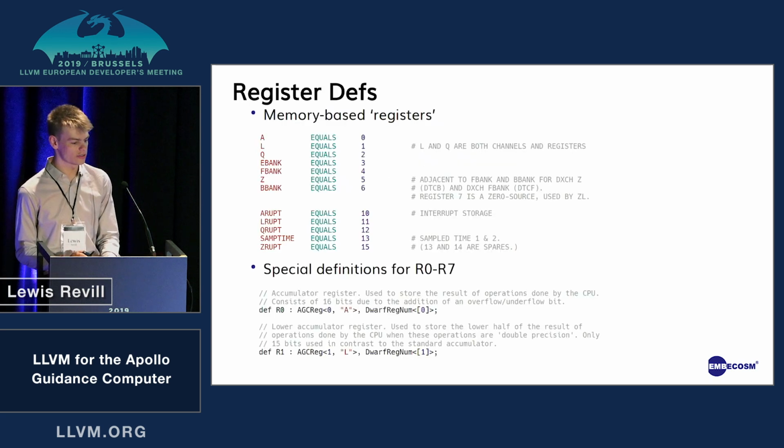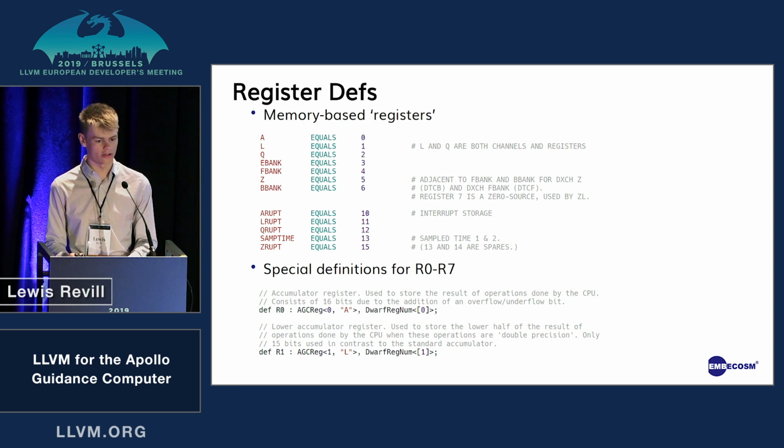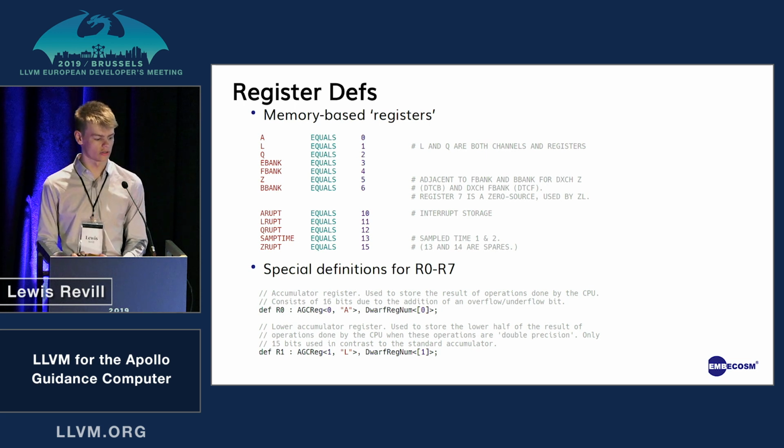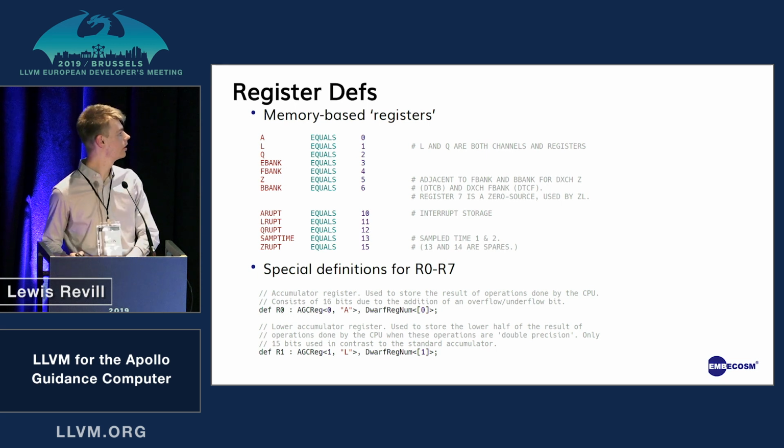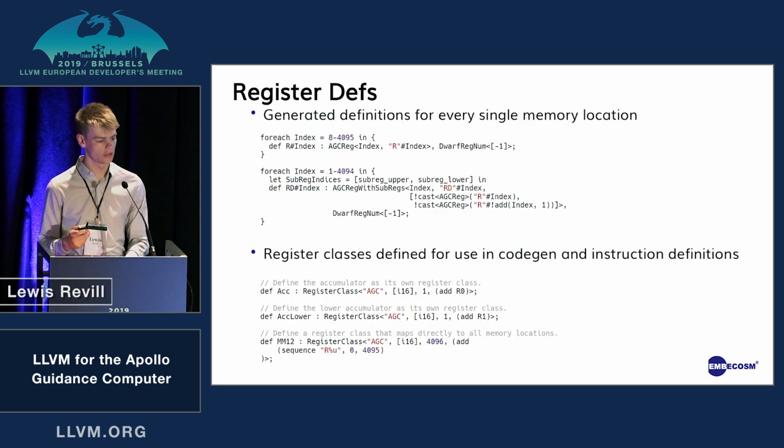So firstly, how do I solve the problem of registers? Well, in the assembly, they're actually just aliases to memory locations, but I wanted to still define some special definitions so I could document them. And I did this for the first 8 registers. From then onwards, I just generated definitions for the entire memory space.